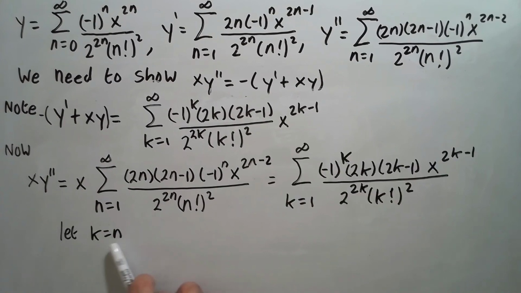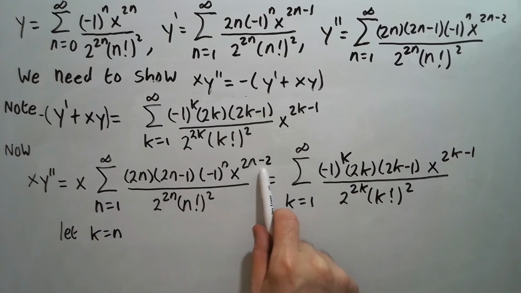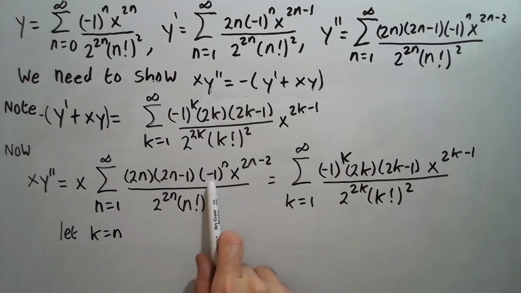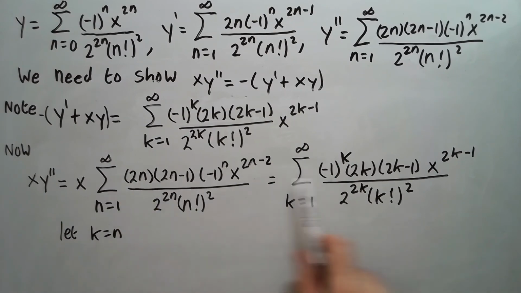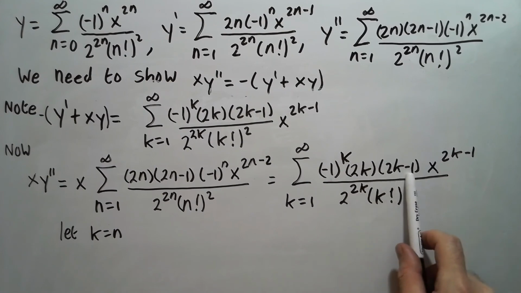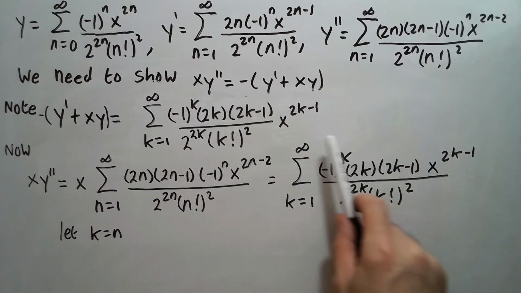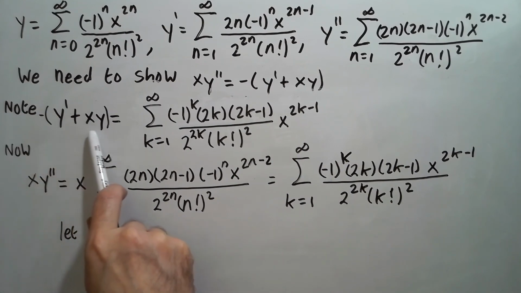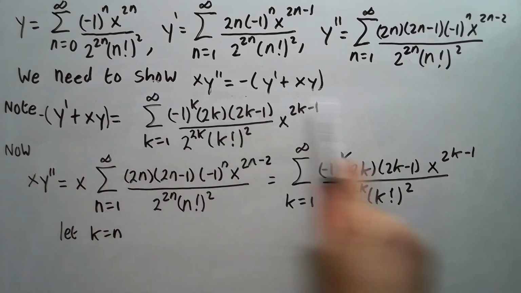So multiplying the x in and letting n equal k, so replacing all the n's with k's, multiplying the x in is going to add 1 to that, so it'll be minus 1 instead of minus 2 here. So I've done that here. I've also rearranged, so I have the minus 1 first, and then the 2k and the 2k minus 1 over here. Now, if you compare this with our negative y prime plus xy up here, you can see they're identical, they're the same.